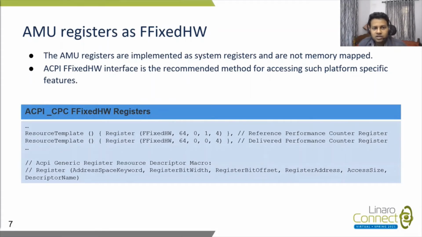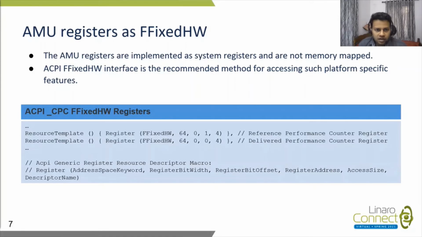The AMU registers are implemented as system registers which are not memory mapped. So the recommended method for accessing such platform specific registers is the fixed hardware, or fixed feature hardware, interface as recommended by the ACPI specification.